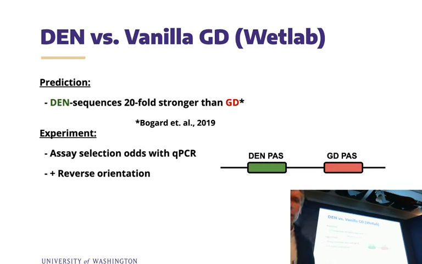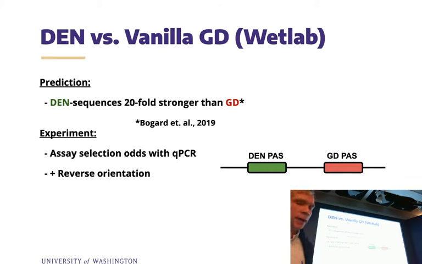So then, as Jennifer pointed out, just evaluating based on the predictor oracle that you trained on is kind of foolish. So what we did is we went into the wet lab and we tested some of these sequences. In previous work, we had used this basic vanilla gradient descent approach I talked about in the beginning to generate maximally strong poly-A signals.